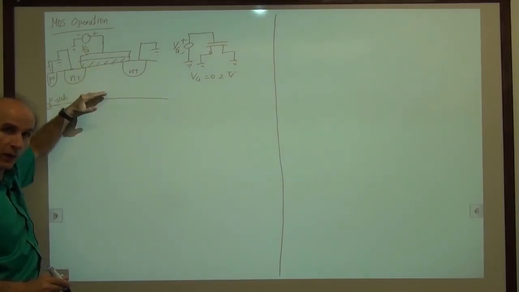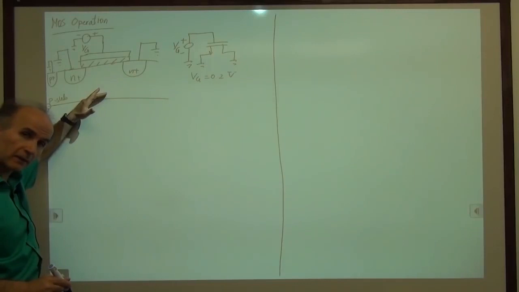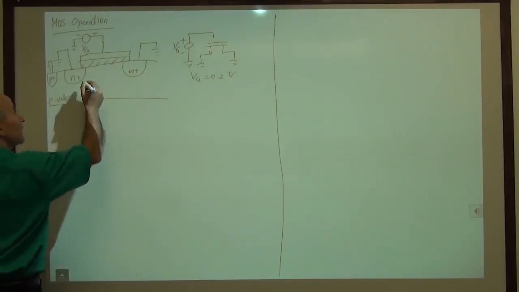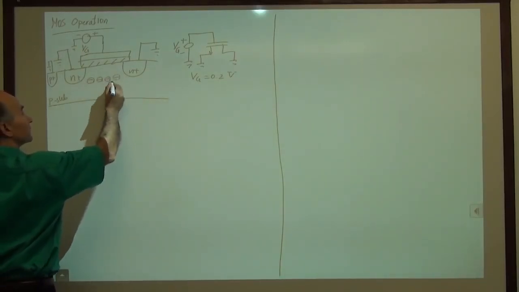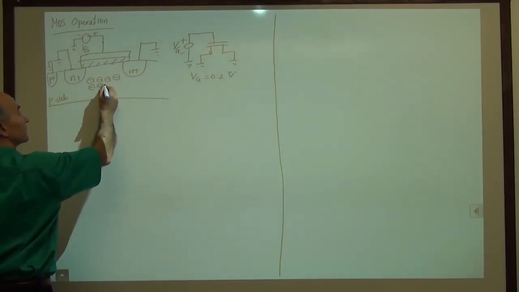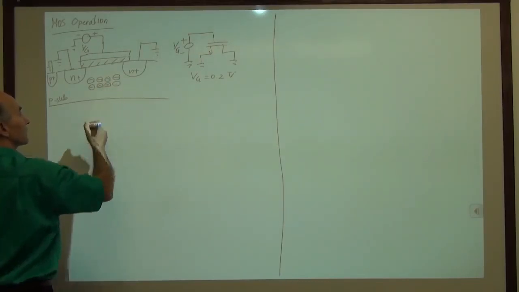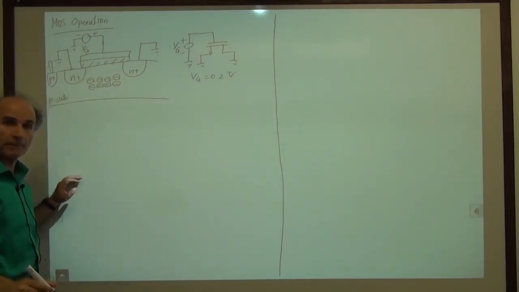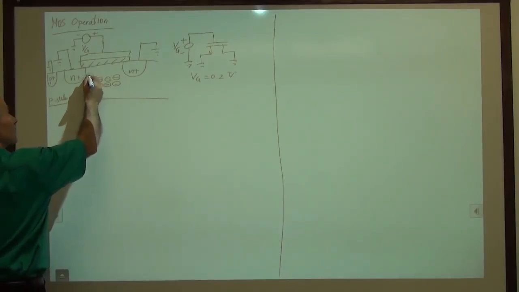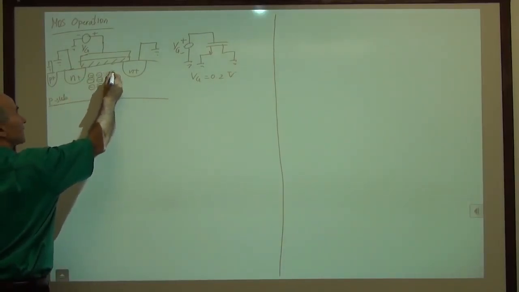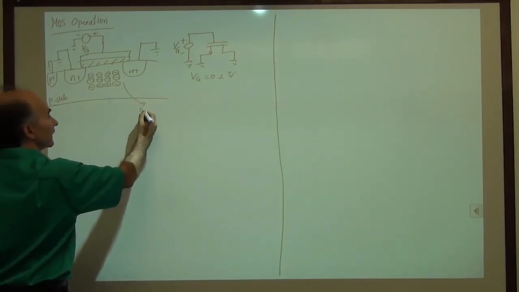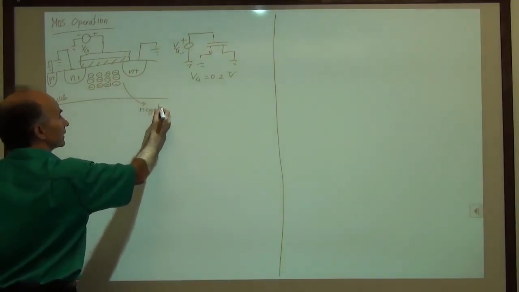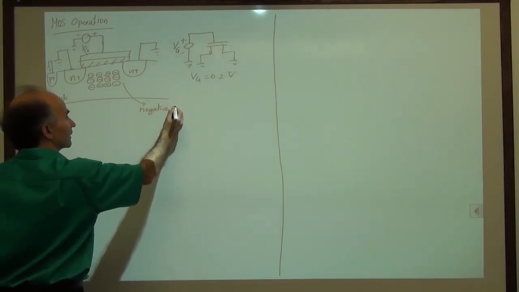And when the holes go away, what do they leave behind? Ions, negative ions. So we expose some negative ions here, all over the place. So I'll draw maybe another row here. So these are negative ions.